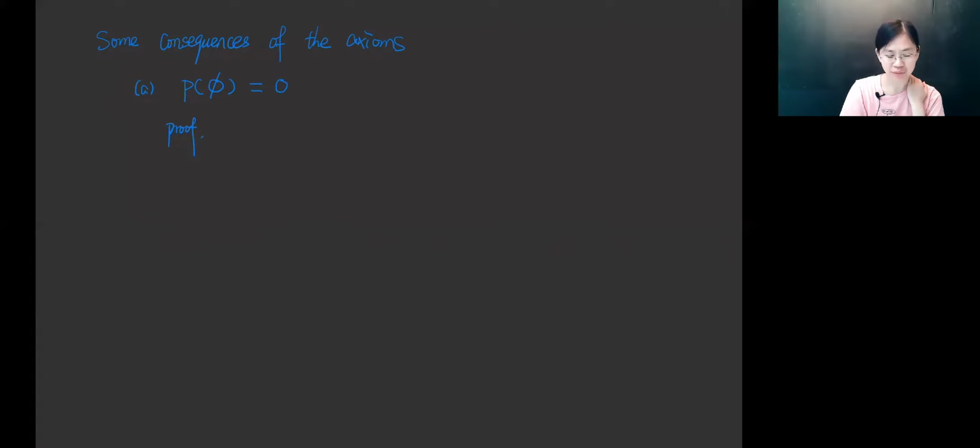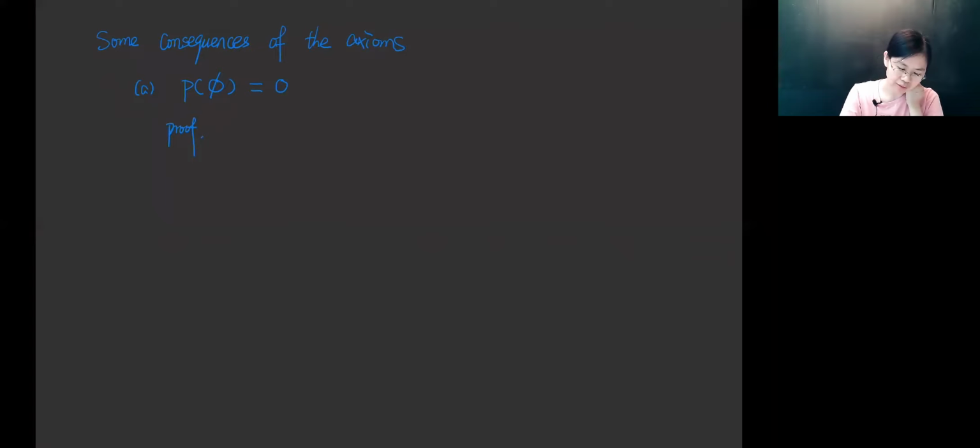Well, this is very intuitive. It could be part of the axiom, but it doesn't need to be. The 3 axioms that we talked about can already imply this one. How do we prove this using the 3 axioms?